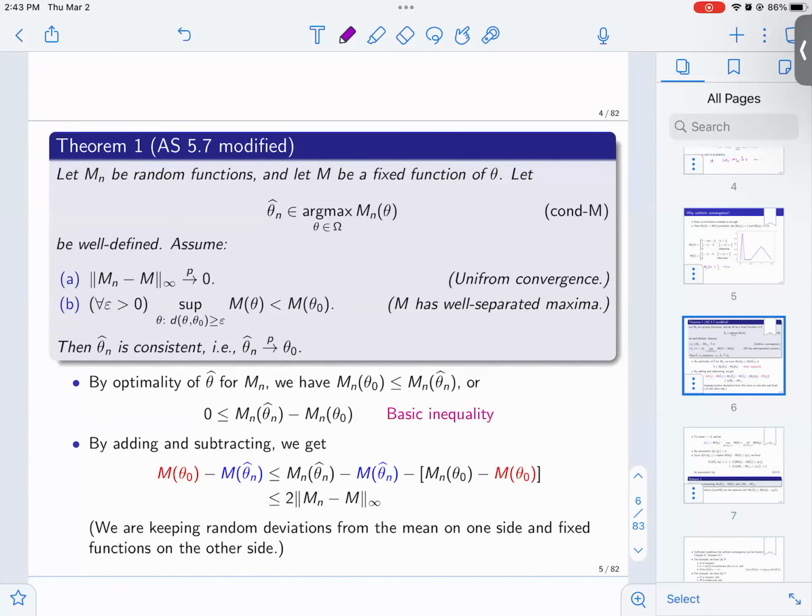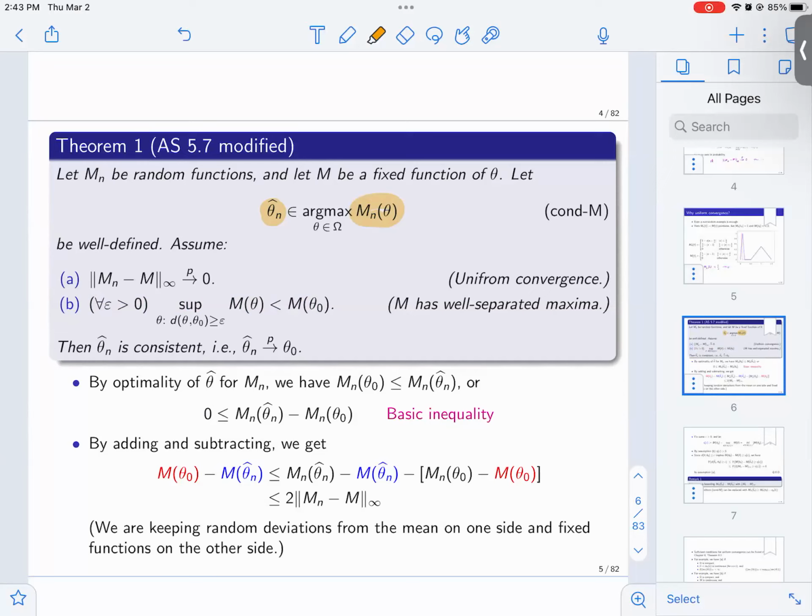And also I have this other criterion here, which we can say is that M has well-separated maxima. Then this result is saying that the argmax of the sequence of functions converges to theta naught. Theta hat n is going to be consistent, so theta hat n converges to theta naught.